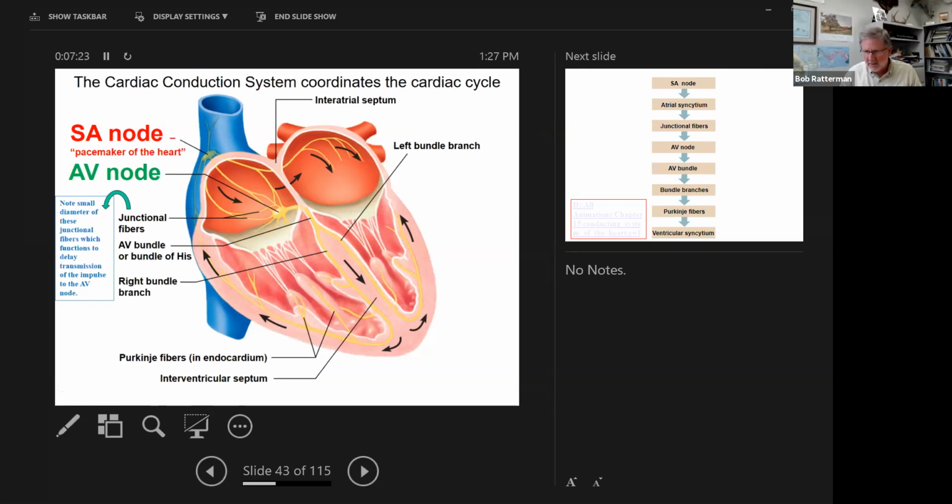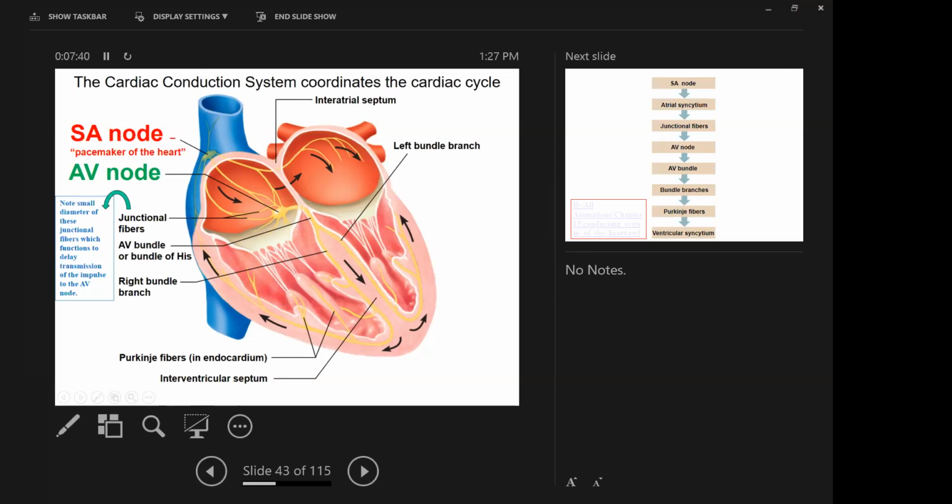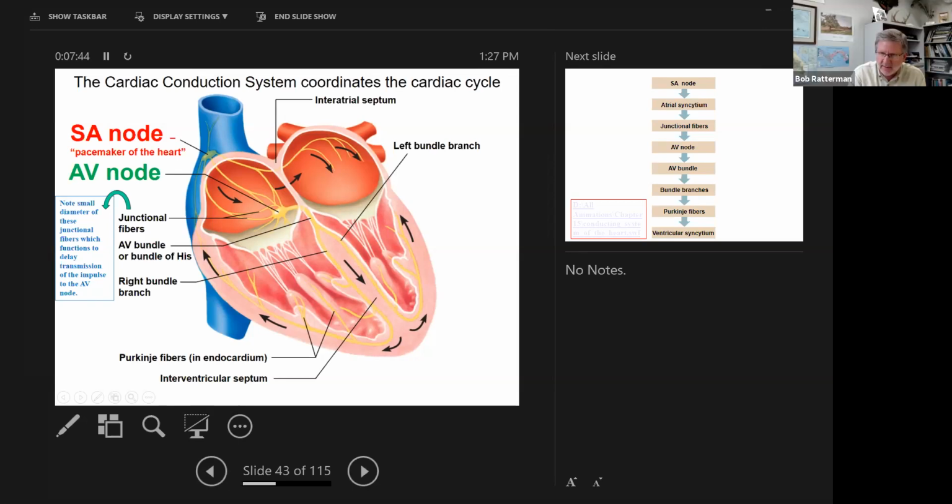You said contract, you were right. When the ventricles contract, the blood from the right side goes into the pulmonary trunk and goes to the lungs, and the blood from the left side goes where? Out into the body, into the aorta and throughout the rest of the body, right.